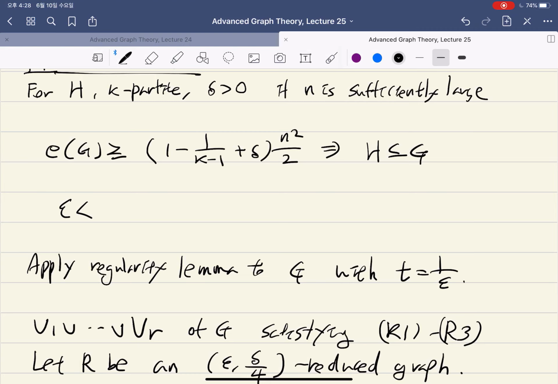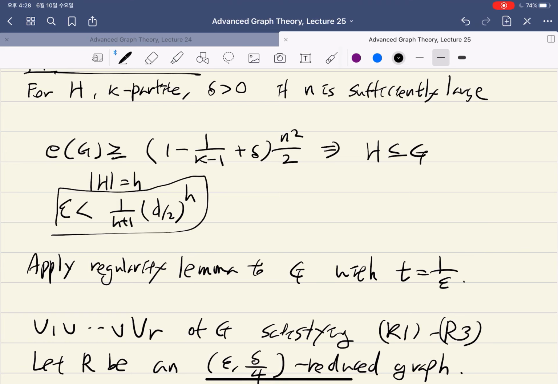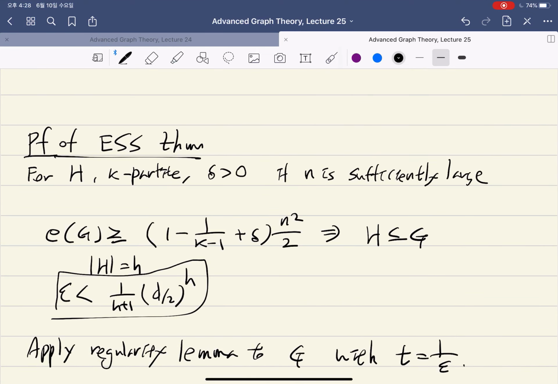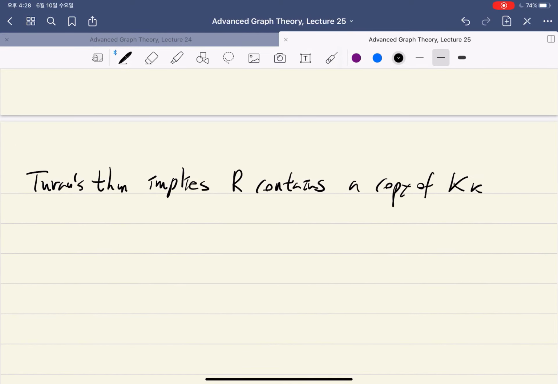So we say that H has h vertices. Then we make sure that epsilon is smaller than delta over 2 to the h. Then here, what we get are these copies.